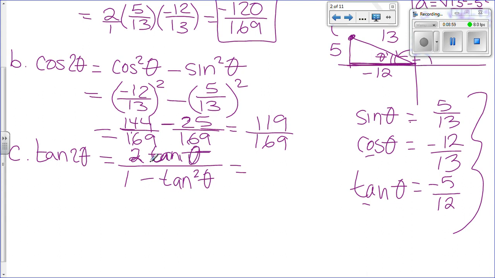We got that. And now for tangent of 2 theta, I will need to use 2 times the value of tangent of theta, which is negative 5 over 12. And then on the bottom, it will be 1 minus negative 5 over 12 squared.